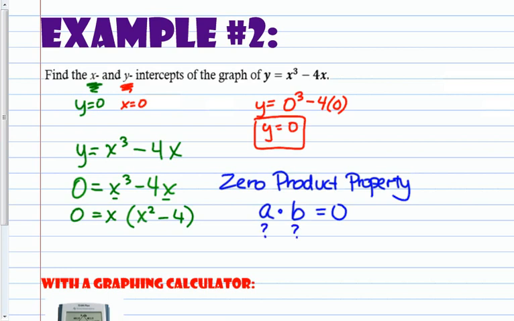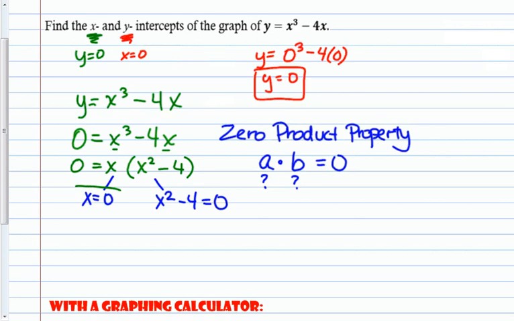But since we don't know which one, in the zero product property, we just assume they're both 0. And we try to figure out what they would be in order to make them 0. So x is going to be 0. And then the second term, the binomial x squared minus 4, we're going to go ahead and take that and set it equal to 0. And then we're going to solve for the x algebraically in order to figure out what x equals.